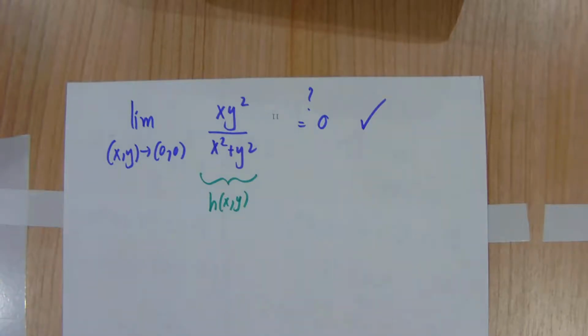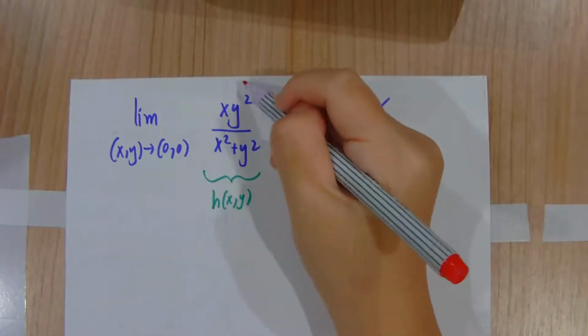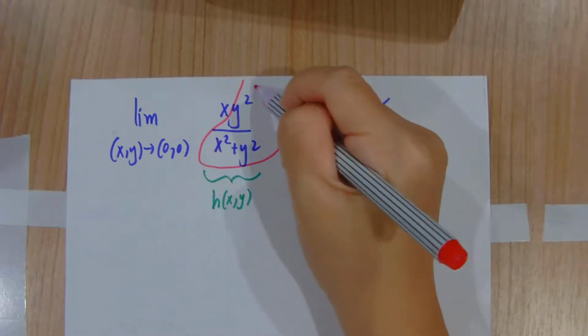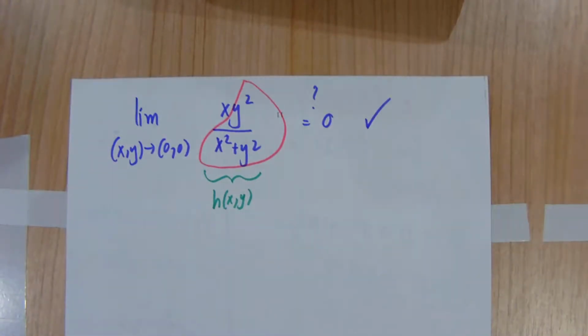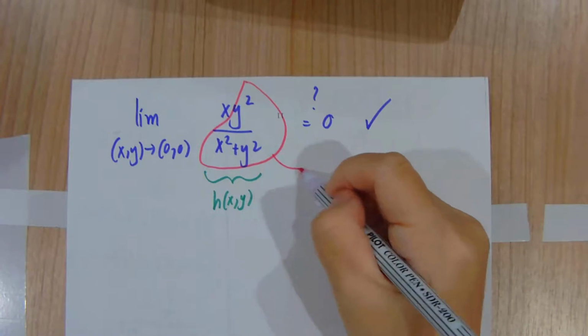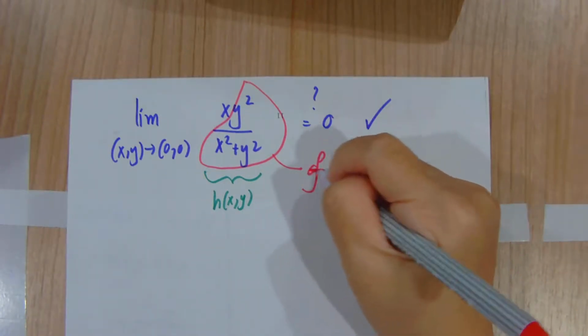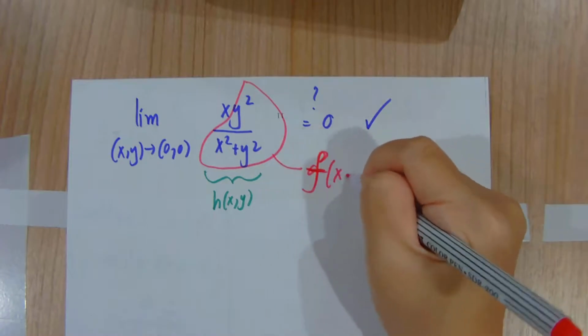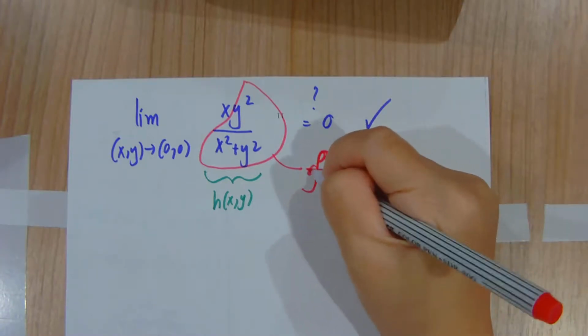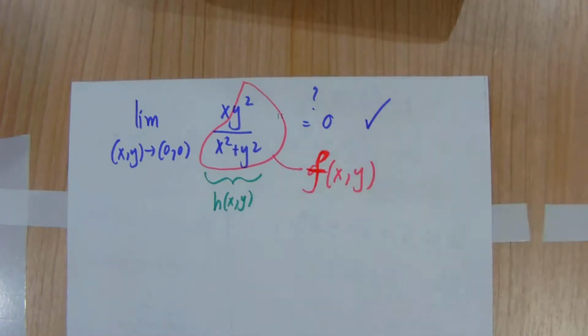It is easier to choose that function g must include the bottom term with the same degree. So we choose this as the function f, with that degree. And then the rest is the function g, okay.